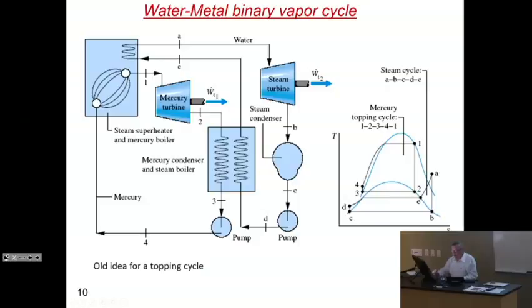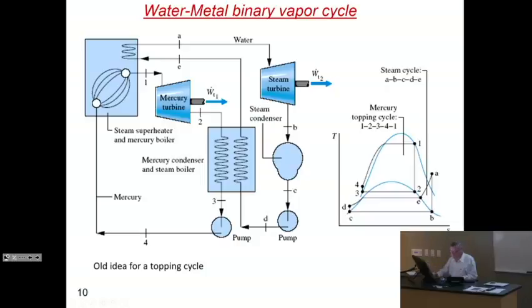A very old and luckily abandoned now idea for a topping cycle would have a mercury cycle. So in the TS diagram, we have water that has a vapor dome that looks like this, where the critical point up here is on the order of 520 degrees centigrade. There are other things that have these vapor domes that reach much higher temperatures, like mercury.